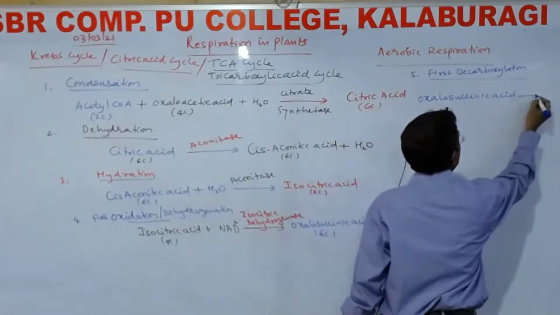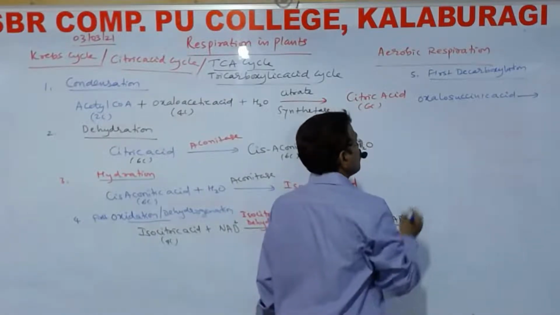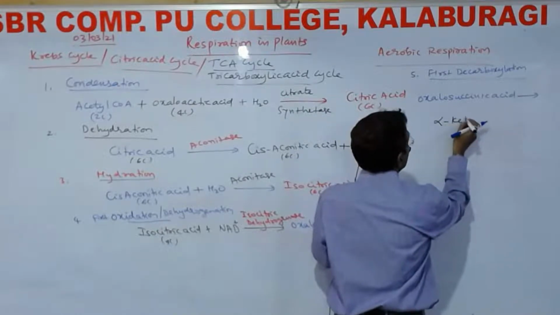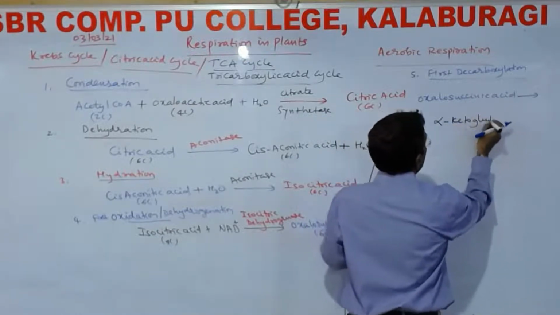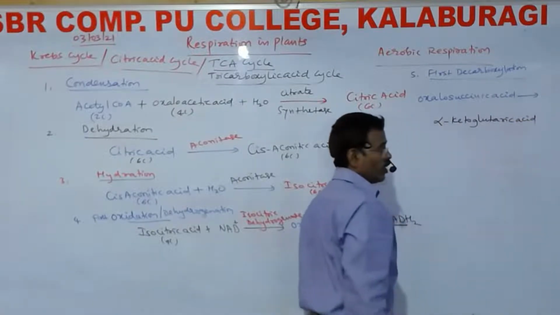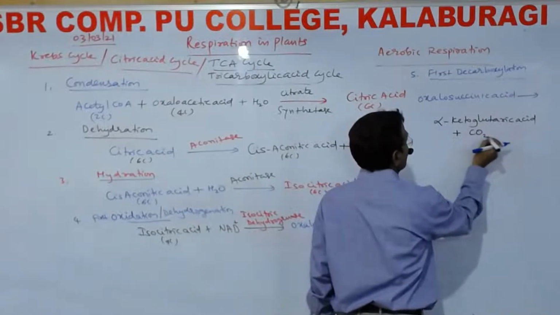It will undergo decarboxylation and the product is known as alpha ketoglutarate acid, and there is a liberation of carbon dioxide.